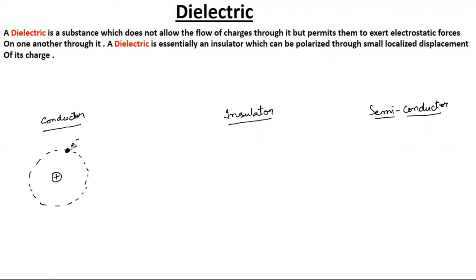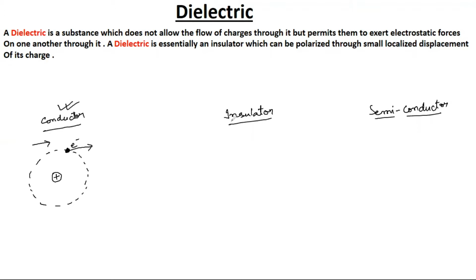It is very loosely bound to the nucleus, because of which, when this conductor experiences a certain electric field, it comes out from the atom and becomes free, and it moves through the circuit if you connect it to any particular circuit. All right. So that is why we see a very high conductivity value in case of conductor.